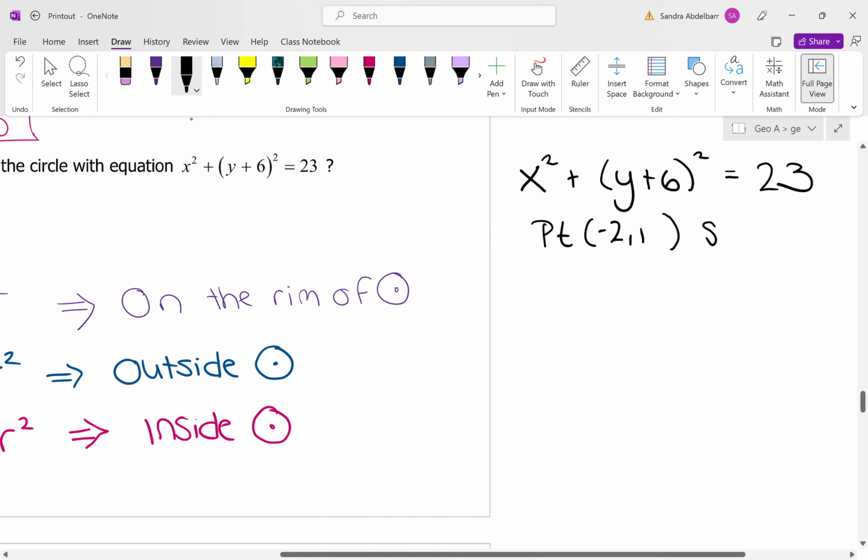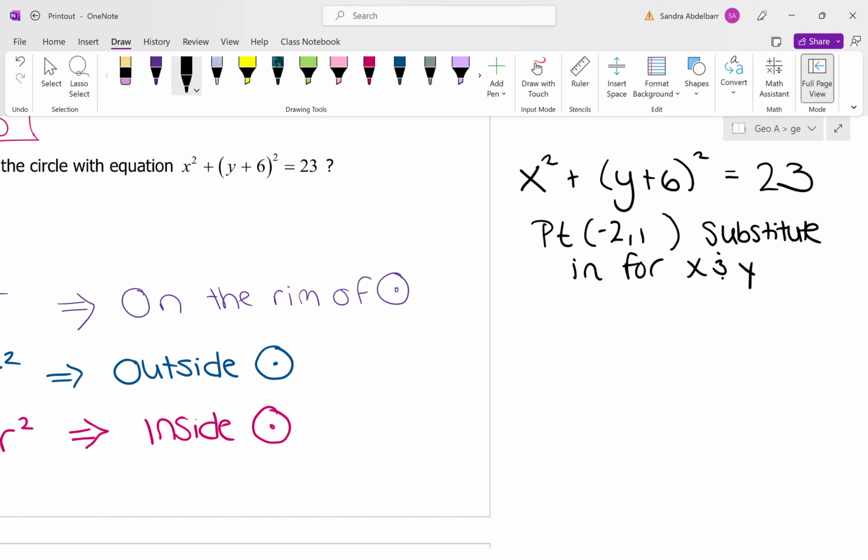And I'm going to substitute it in for x, y. So now I'm going to substitute -2 in for x, so we have -2 squared plus the quantity of, instead of y, what am I going to substitute in? 1, good. 1 plus 6 squared.